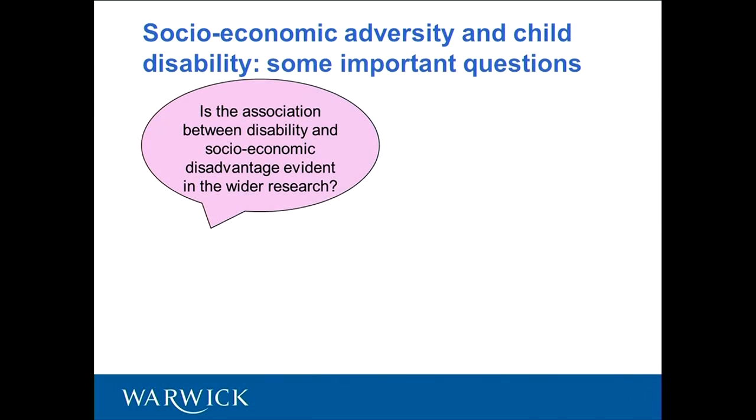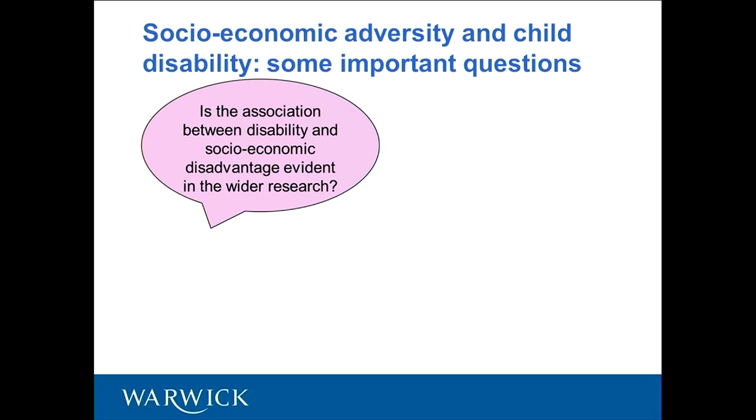If we want to understand how socioeconomic disadvantage is associated with disability in childhood, then there are at least 4 important questions. First of all, we need to answer the question: is the association between childhood disability and socioeconomic disadvantage evident in the wider research?